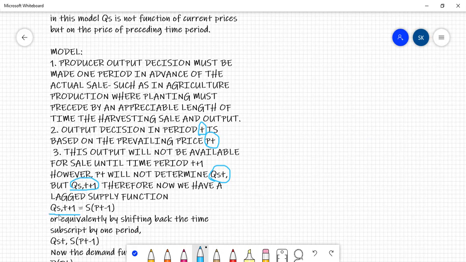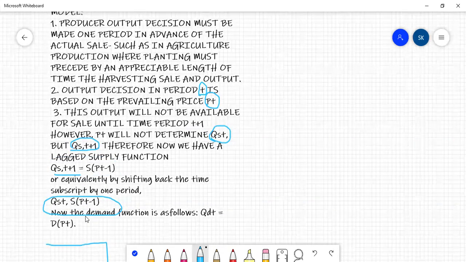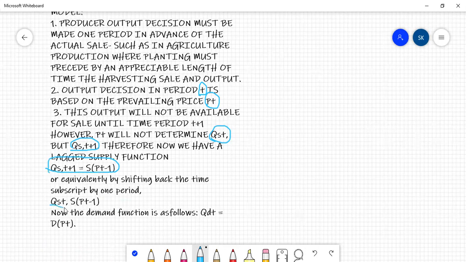Let me explain it again. Either you can write the function like this, the one that has been mentioned here, or you can write the function like this as well. So now the demand function is as follows: Qdt is equal to D(Pt).